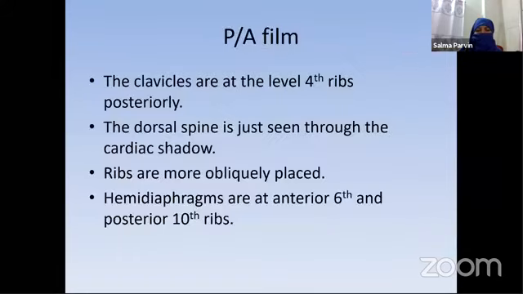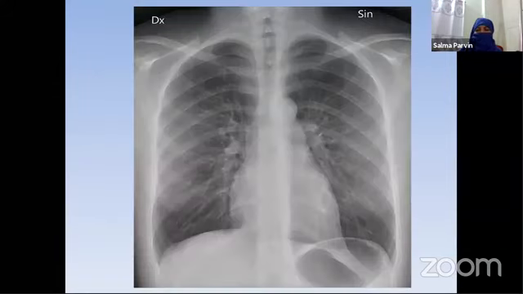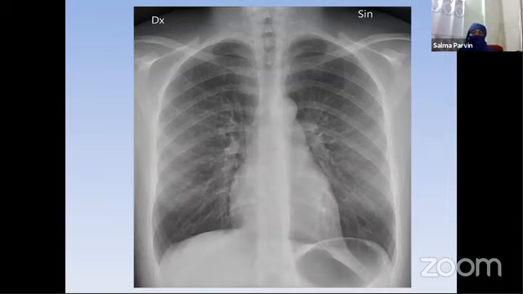How do we read that the positioning is all right? Come on, practical way. In this chest X-ray the dorsal spine is seen through the tracheal shadow.